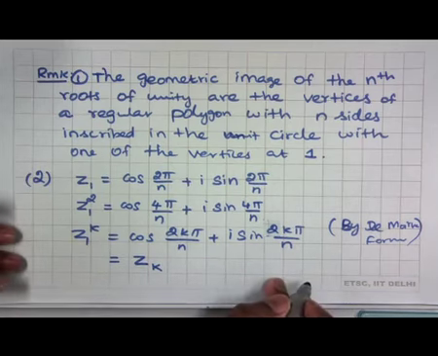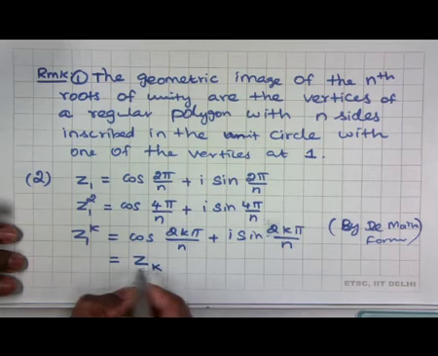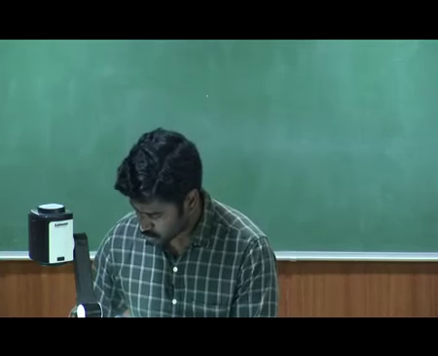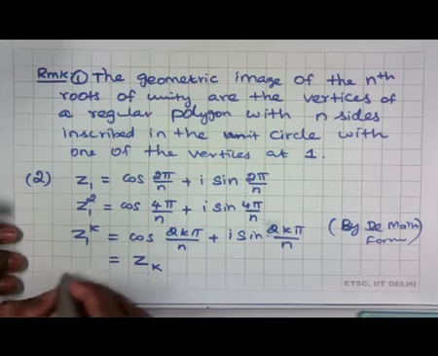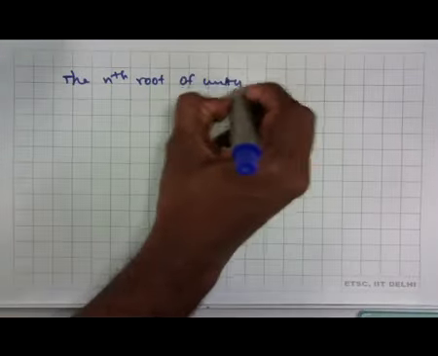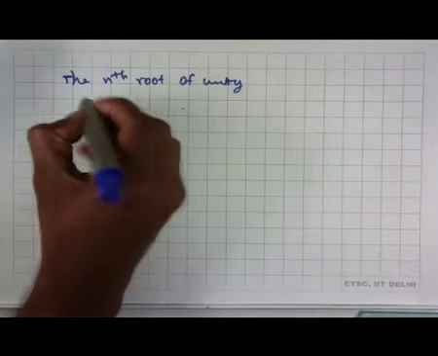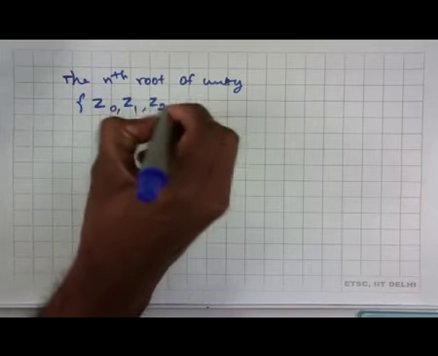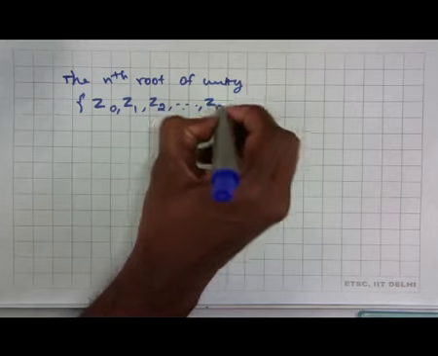So, what we observe is these Zk's, that is the remaining nth roots of unity, are just generated by Z1. Okay. So, if I write down the set of the nth roots of unity, we have the set which is Z0, Z1, Z2 and so on till Zn minus 1.